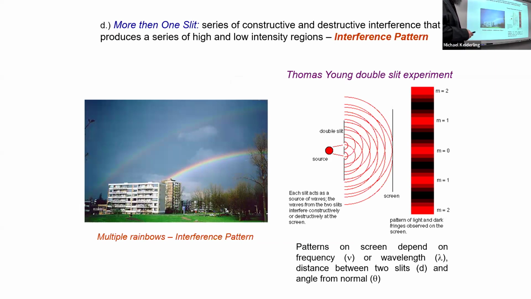So if you have more than one slit, you get a series of high and low intensity regions in an interference pattern, like so. And if you've seen rainbows, rainbows are formed via interference patterns as well. And you get multiple rainbows from the interference pattern.